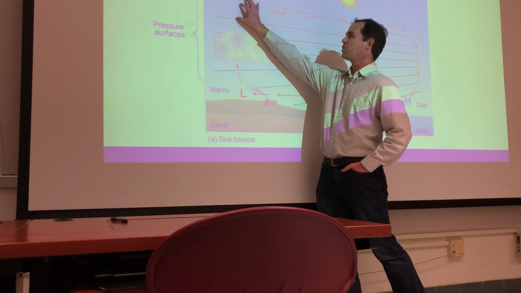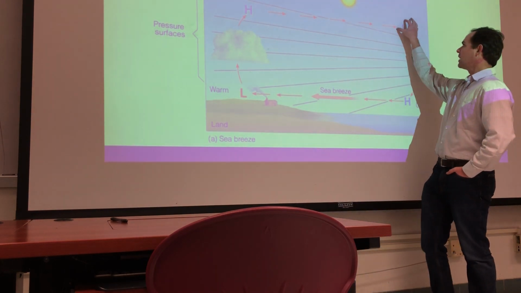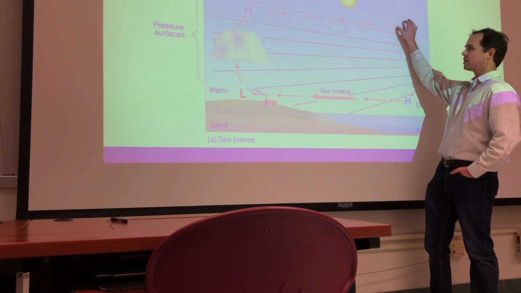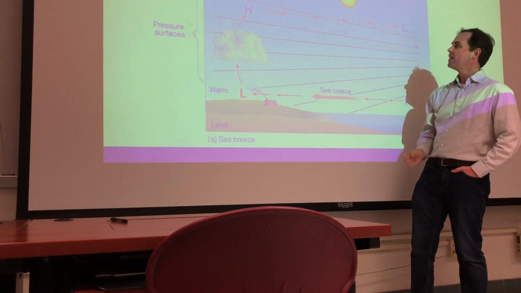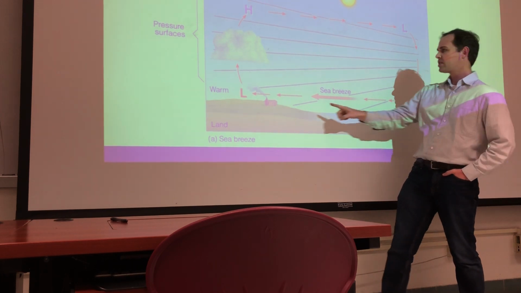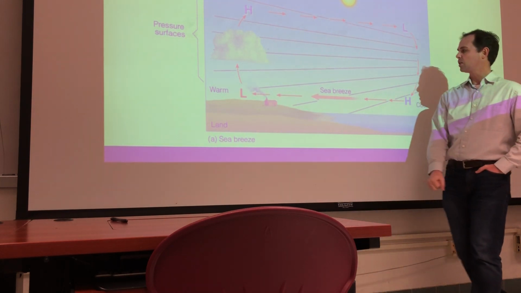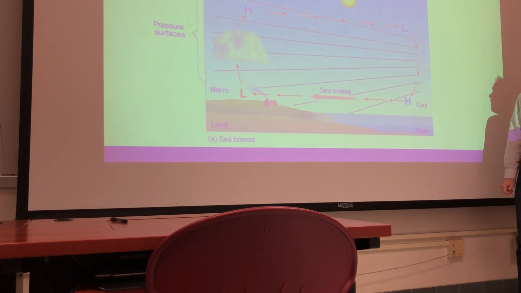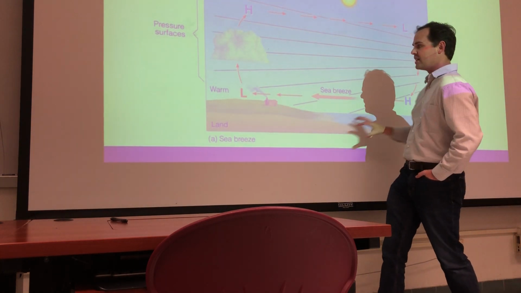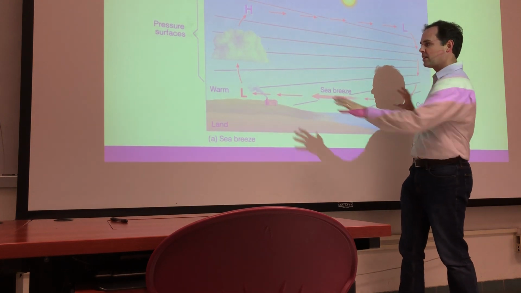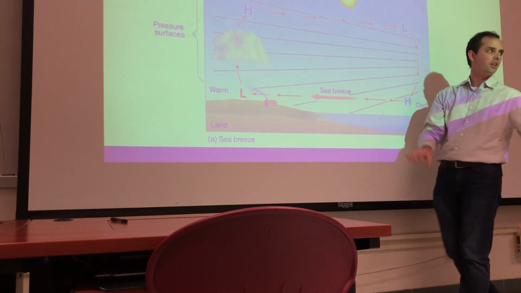So relatively high pressure over the warm surface and low pressure over the cold surface, resulting in an offshore wind at high altitudes, and then a little bit of subsidence and ascent to close the circulation. And these land sea breezes blow in this direction during the day when the land is warmer, and they reverse direction at night when the land is colder.